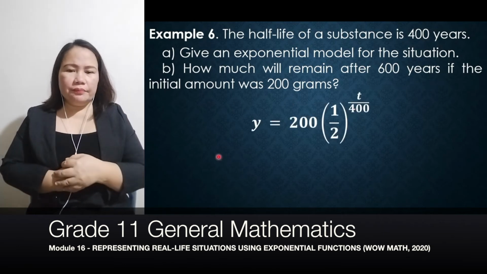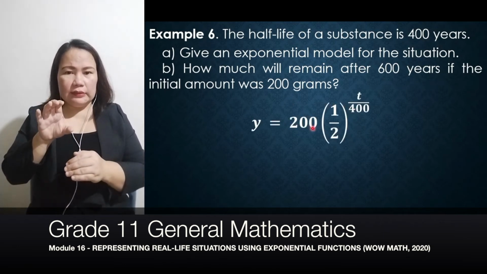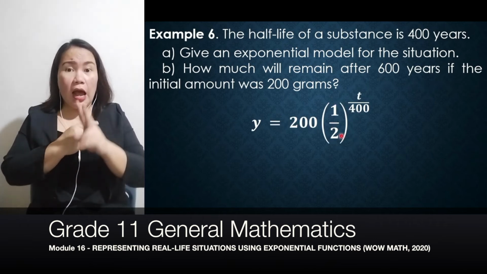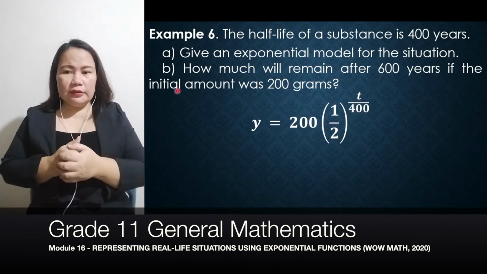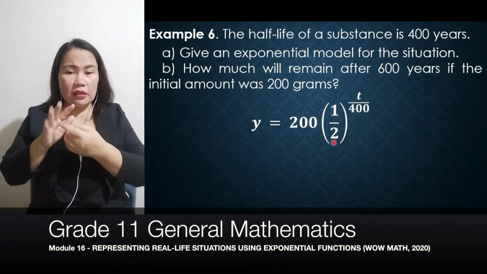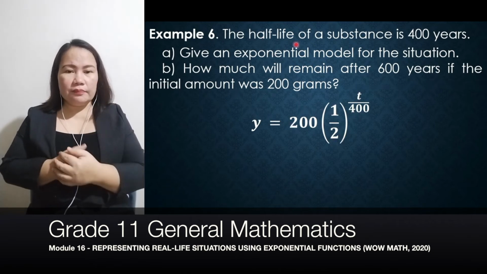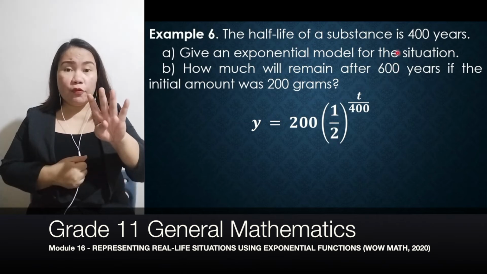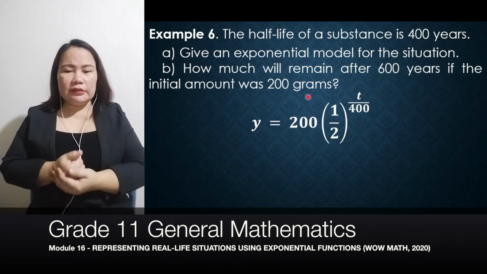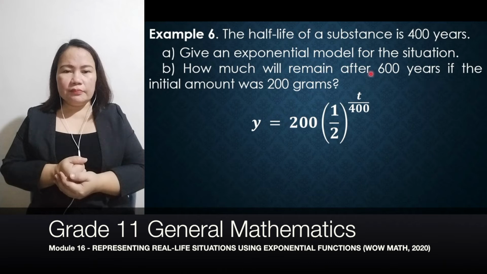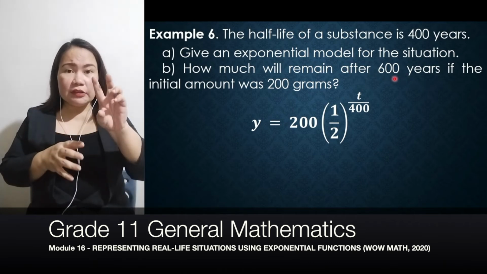So using this exponential model, y is equal to 200 times 1 half raised to t over 400. Again, 200, that is the initial amount. 1 half because of half-life. 400 because that is the unit of time, 400 years. So, kukunin daw natin yung remaining number of substance after 600 years.